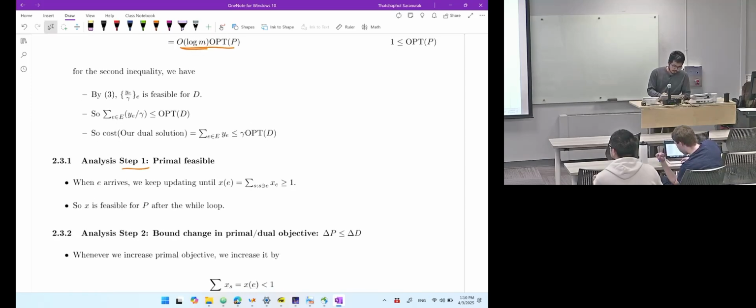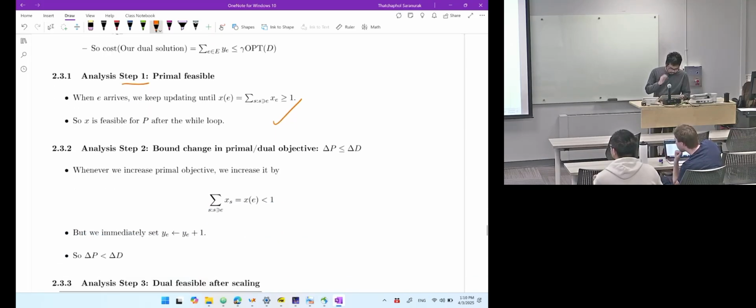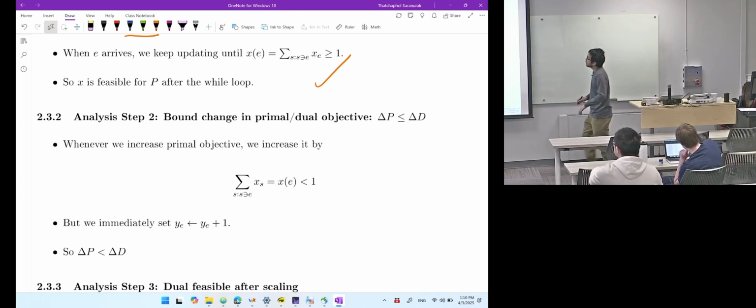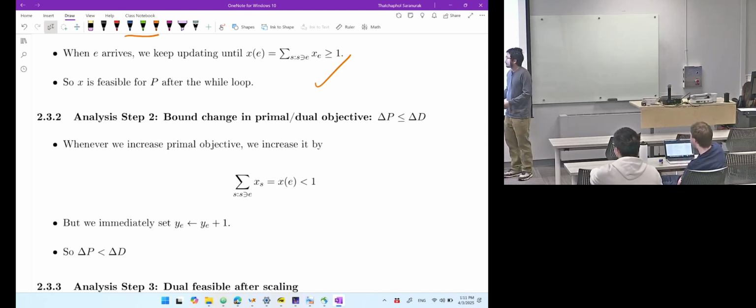This first point is kind of easy, okay? Now, the second point here, that the cost of primal increases by at most the cost of dual. Well, we won't do anything if xe is at least 1, right? If the new element e comes and xe is at least 1, you do nothing, so nothing happened.